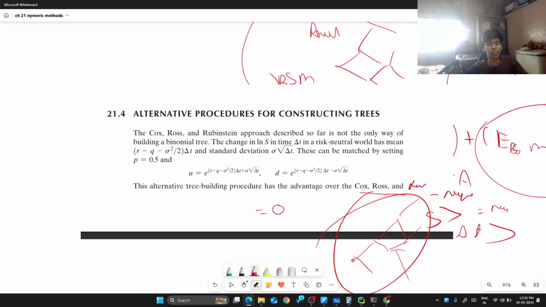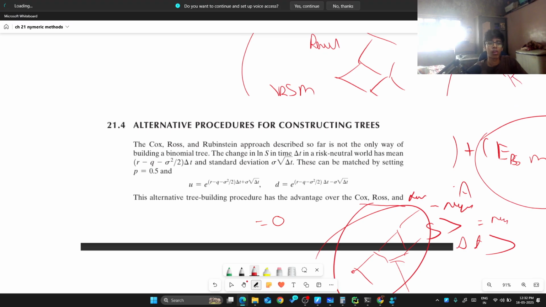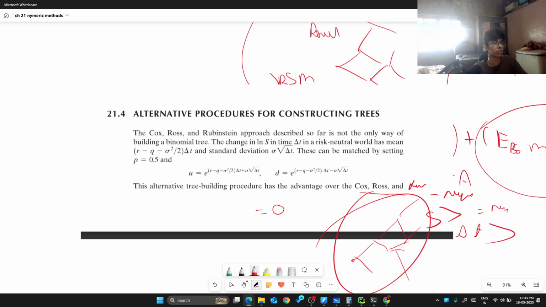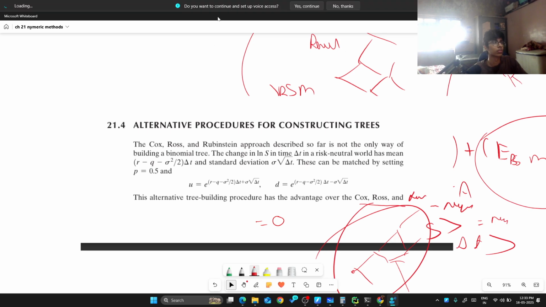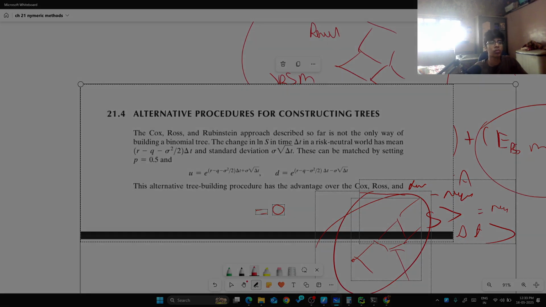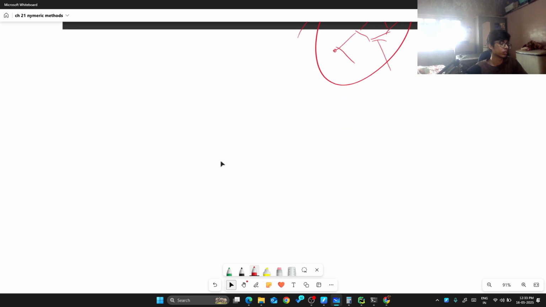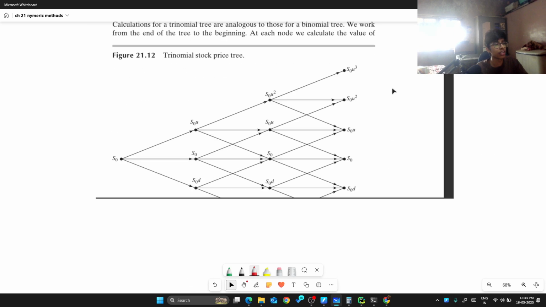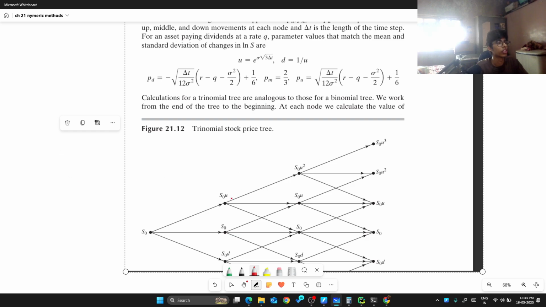And let's see the trinomial tree. A trinomial tree has three branches: up, middle, and down.